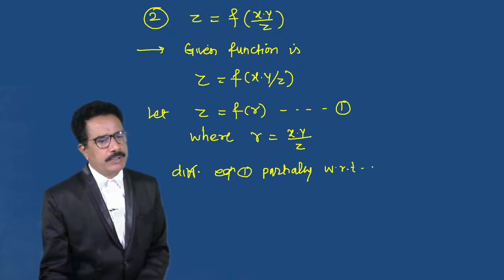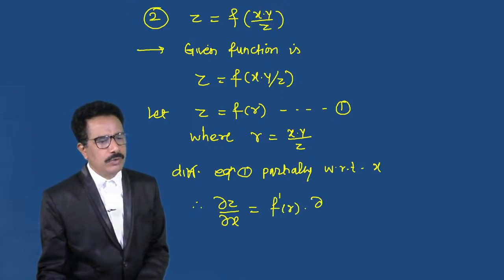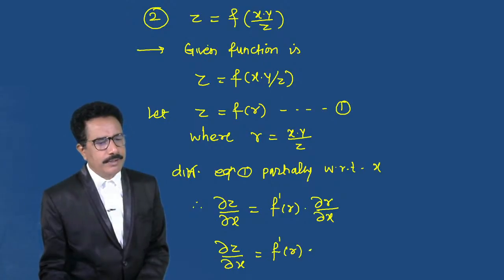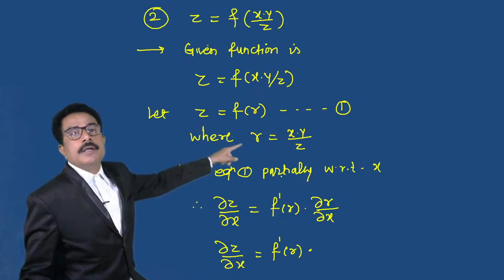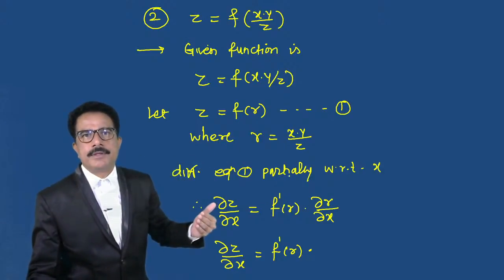with respect to x. Therefore dou z by dou x is equal to f dash of r into dou r by dou x. Now we have to take the partial derivative of r with respect to x.